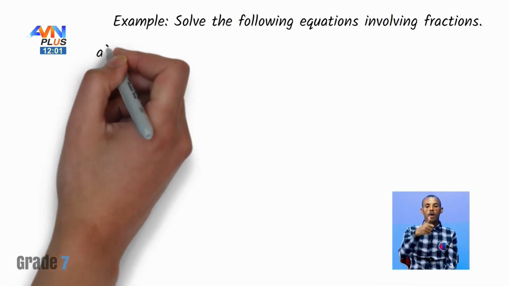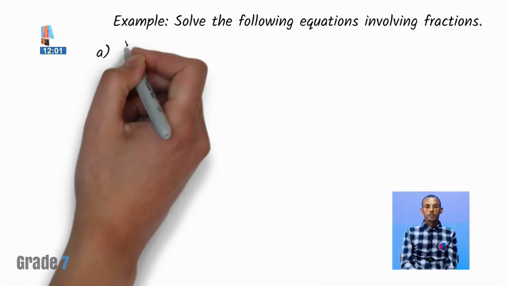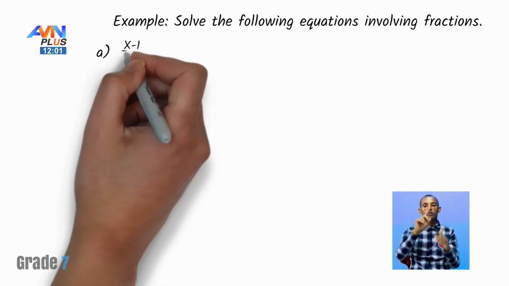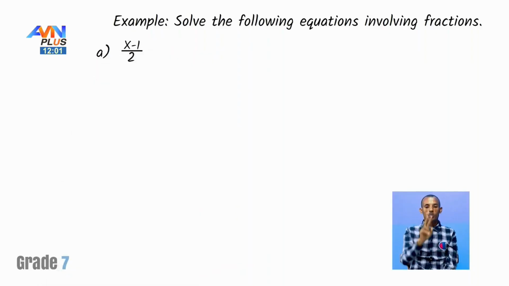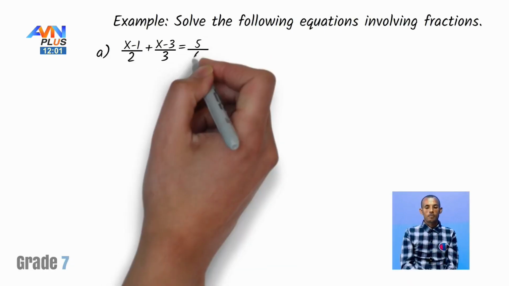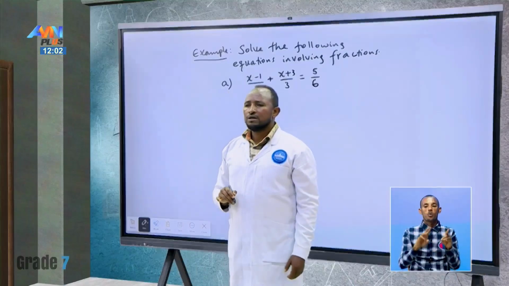A: x minus 1 over 2 plus x plus 3 over 3 is equal to 5 over 6. How do we solve such an equation?